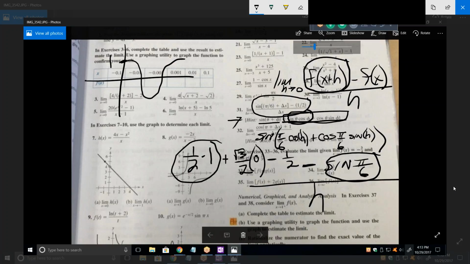Now, if I do my math, I end up with 0 over 0, which doesn't help us. And why did they give us this hint if it was going to lead us down to that road? Yeah, good question.